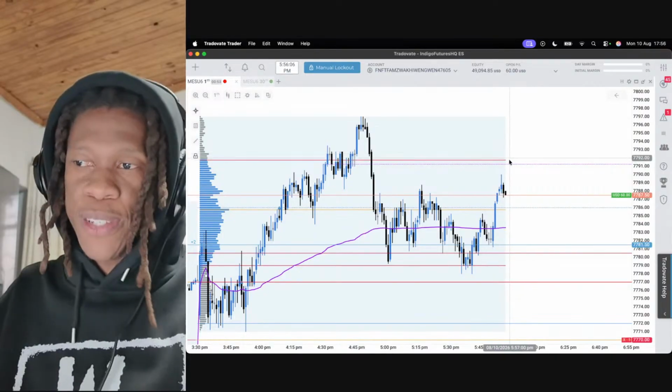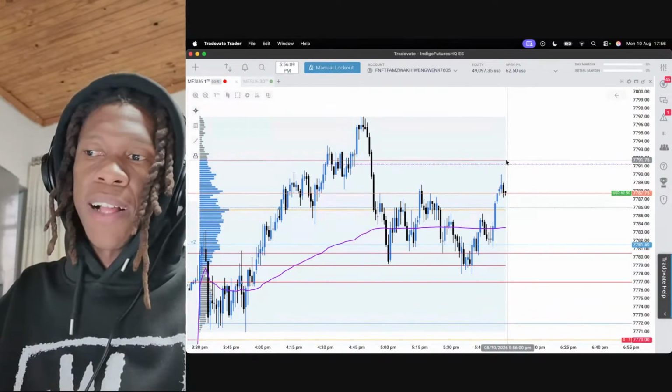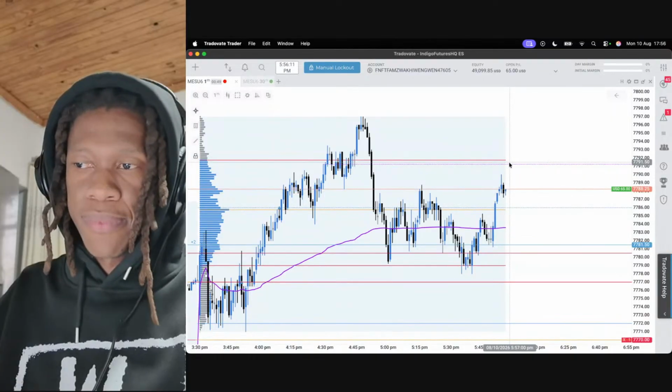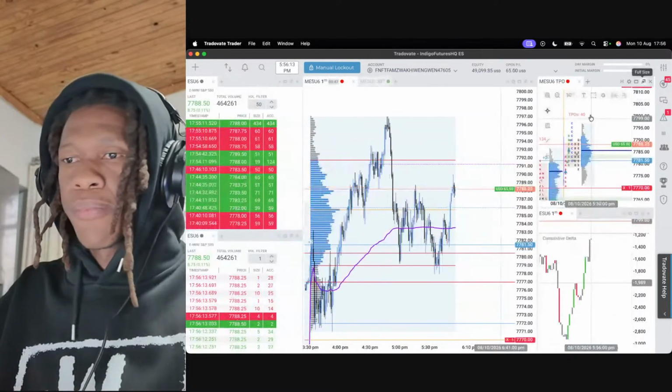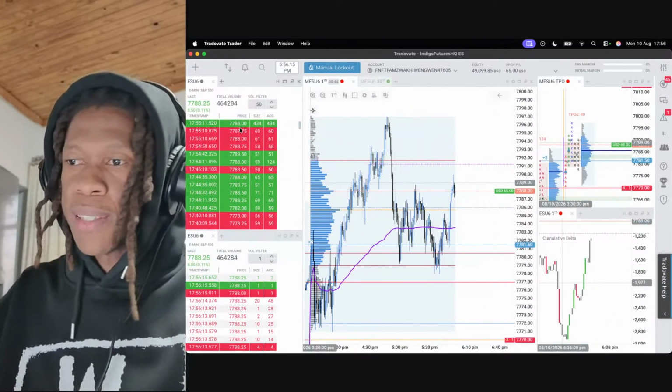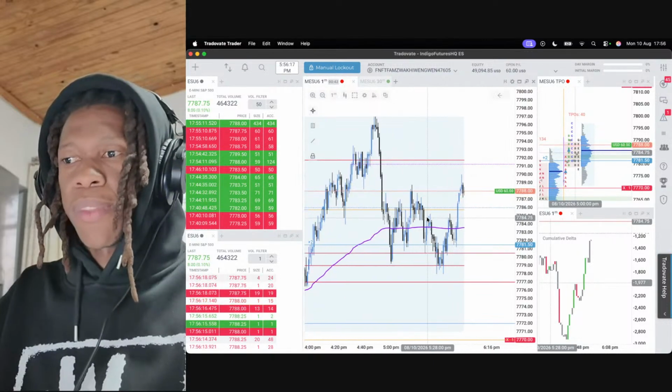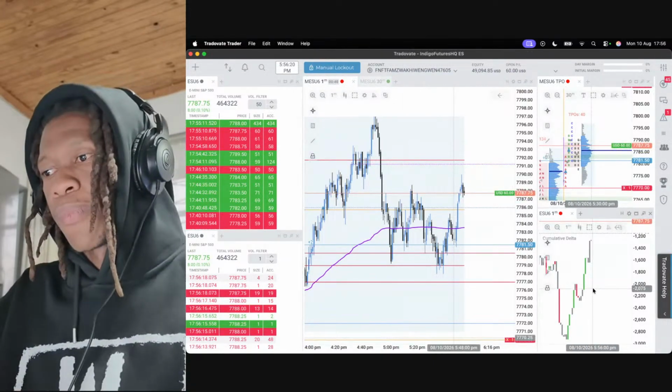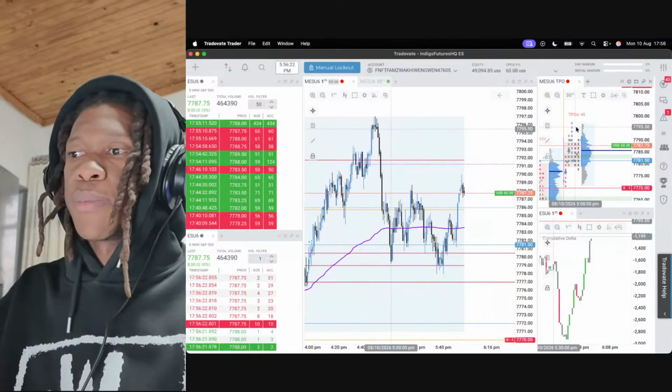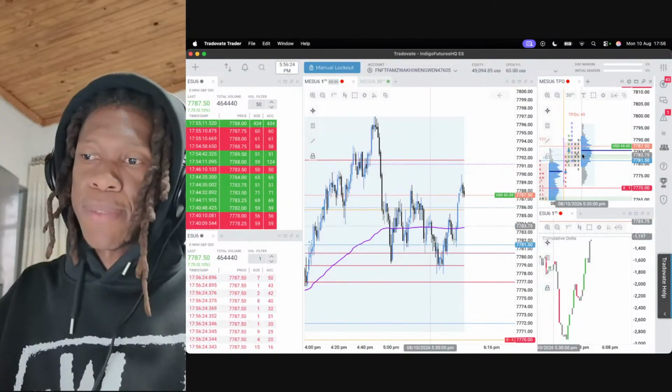And then we're going to watch to see if we do the same thing at value area high. So again, we're just going to watch the tape. Same thing, nothing's changed. Just going to watch the tape, watch the CVD, watch the TPOs. Pretty D-shaped now.